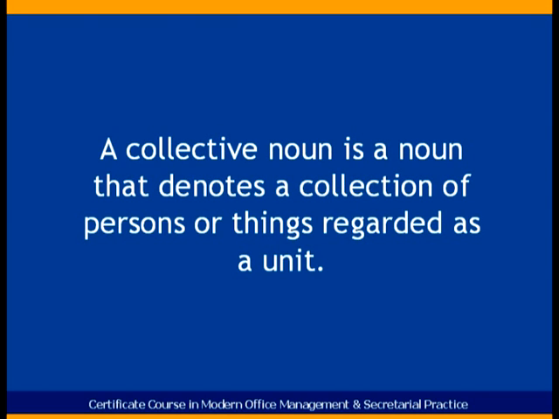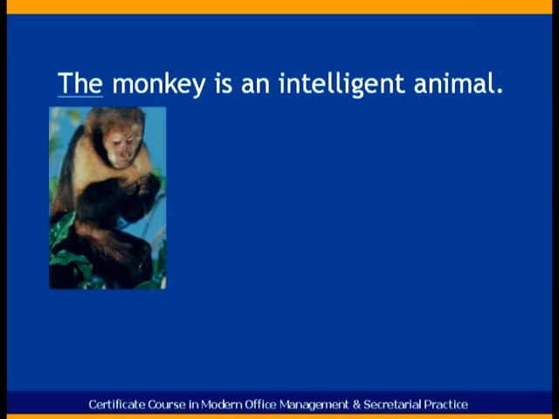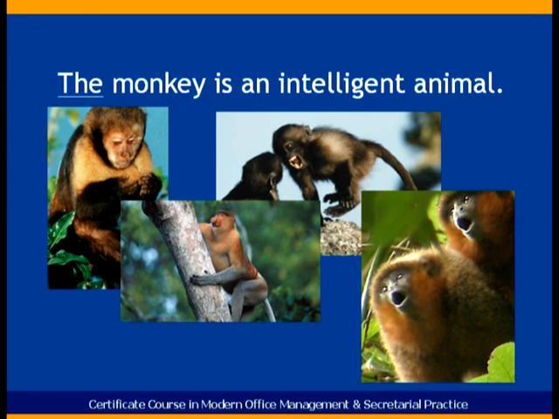Definite articles are also used before collective nouns. A collective noun is a noun that denotes a collection of persons or things regarded as one unit. Definite articles don't only have to refer to a specific thing that is around the speaker. For example, the monkey is an intelligent animal.